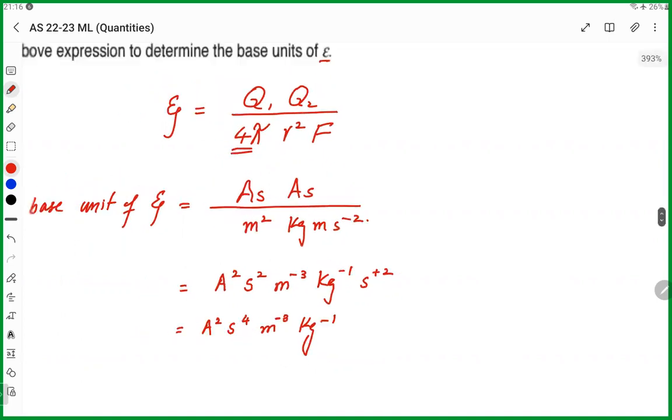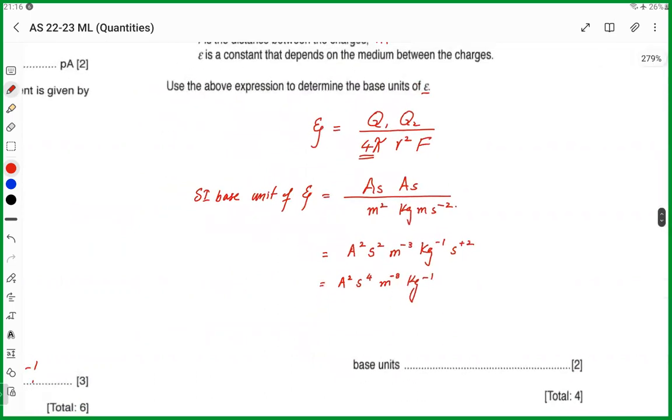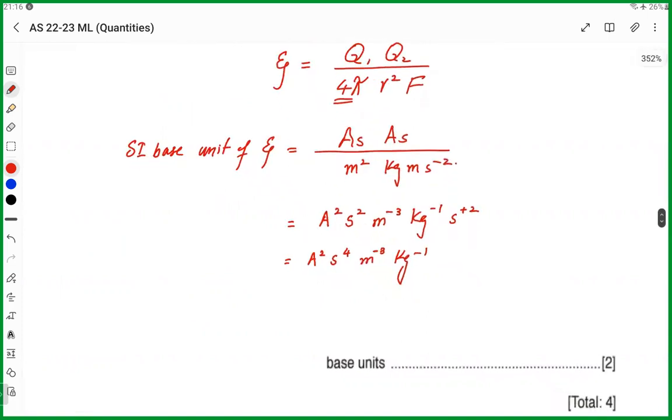A weird looking unit, but it is the SI base unit of epsilon. Is it okay? Yes, it is.